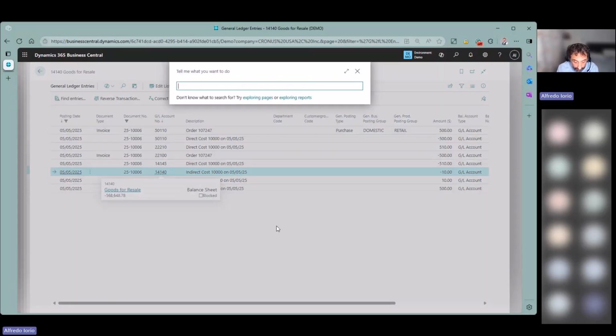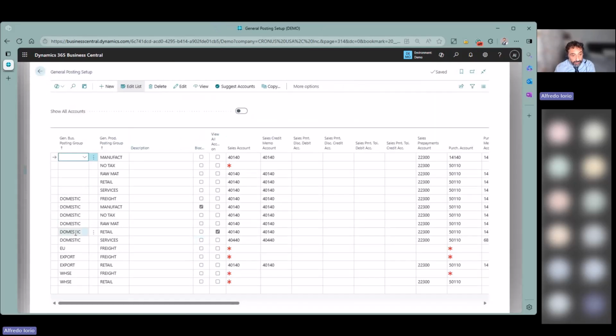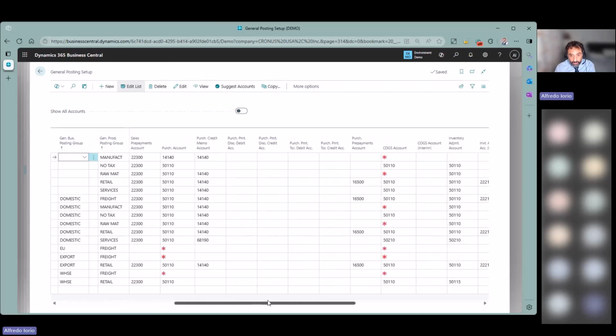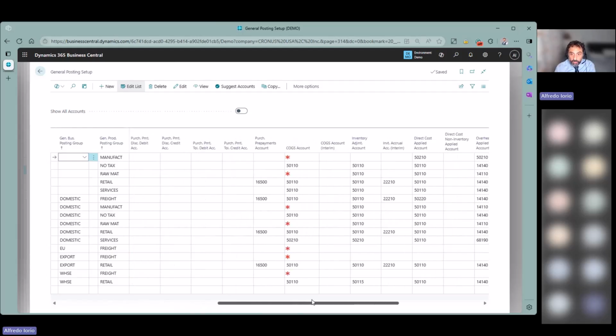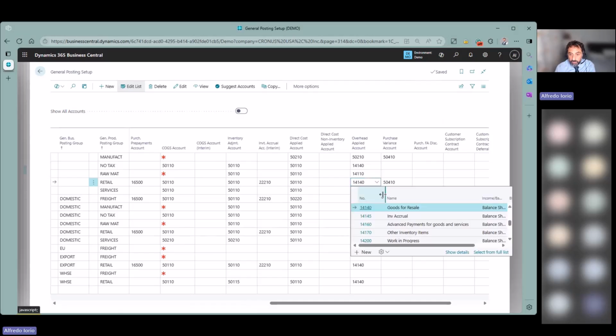Again, it's here in the general posting setup. In the general posting setup, my overhead applied, my indirect percentage goes to overhead applied account. There we go. This is the one that is going to be used. And so it says goods for resale 14140.